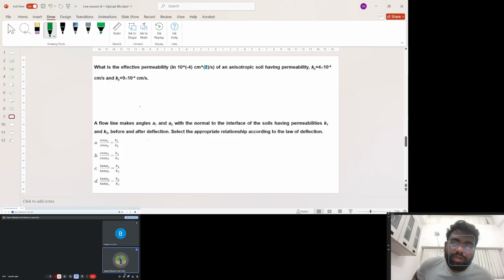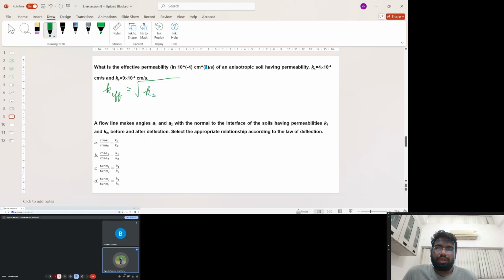So what is the effective permeability of an anisotropic soil having permeability in one direction as 4 into 10 power minus 4 and in another direction as 9 into 10 power minus 4 centimeter per second. All right. So it is an anisotropic condition. So K equivalent or K effective will be equal to root over Kx into Ky.